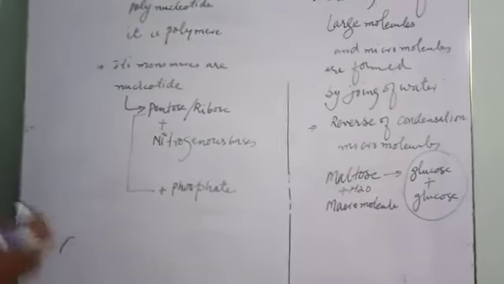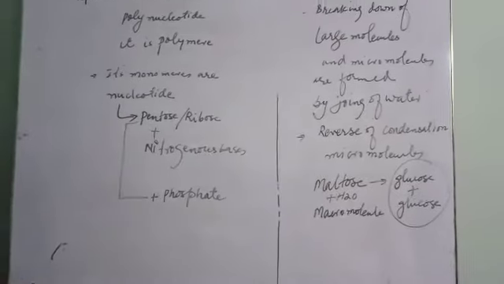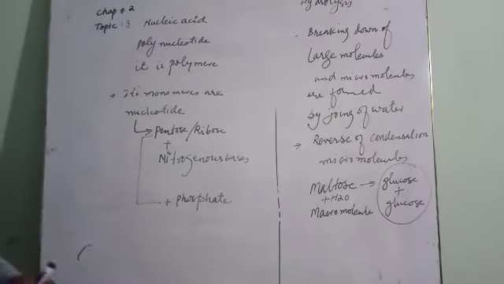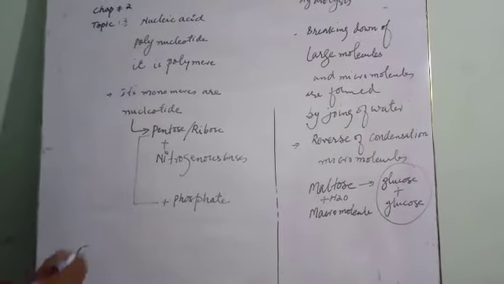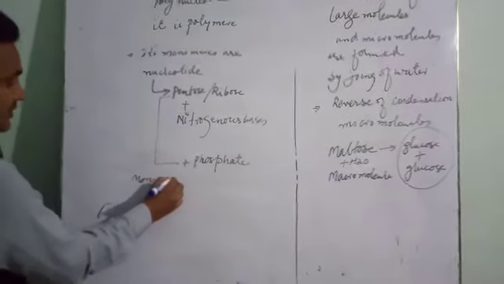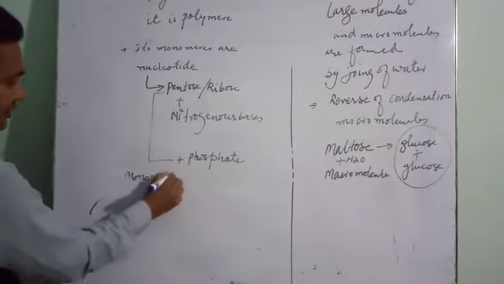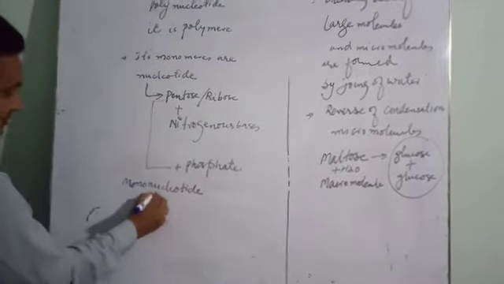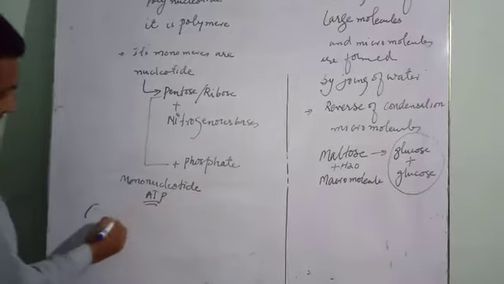When there is one nucleotide, it is called a mononucleotide. When there are two nucleotides, it is a dinucleotide. An example of a mononucleotide is ATP, adenosine triphosphate.